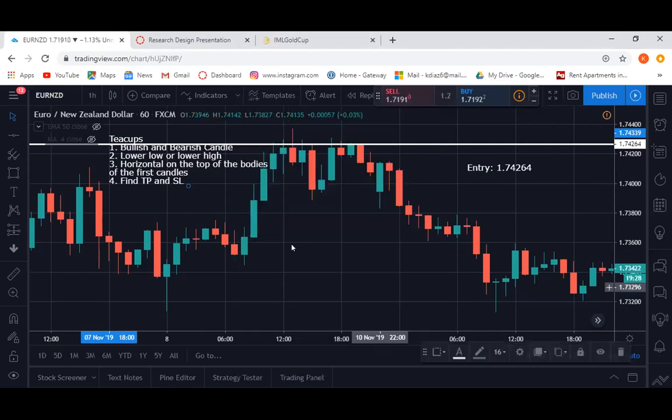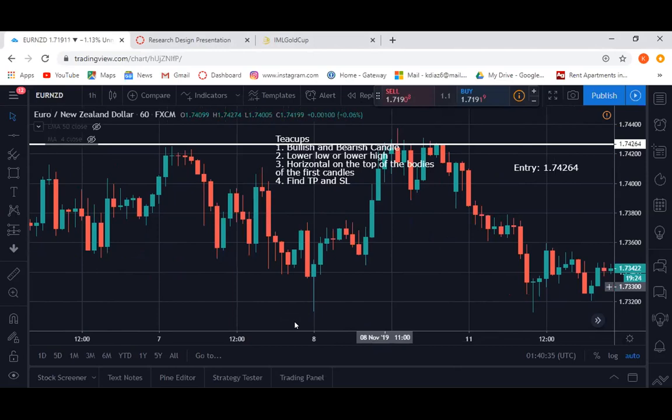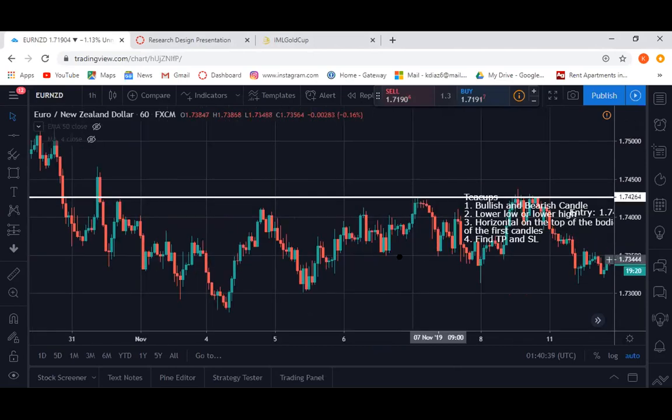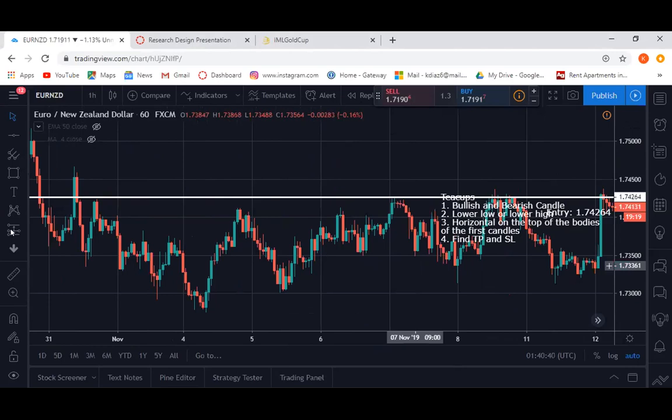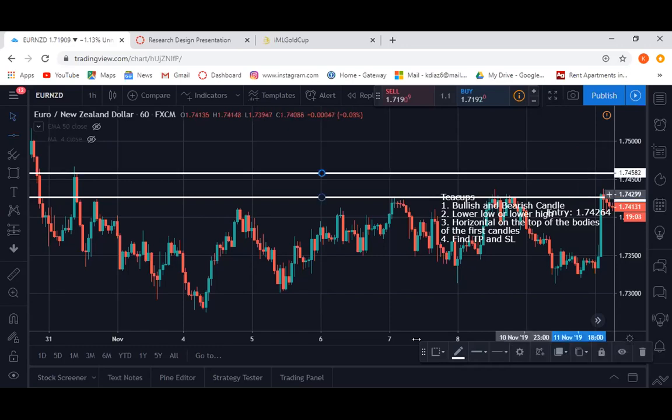And the way that I do that is I measure out the amount of pips. So let me zoom out a little bit. Okay, that works. From that white line, from that entry line, I'm gonna measure up a 30 pip stop loss. And I have the 30 pip stop loss on all time frames for teacups. So whether it's the 1 hour, the 4 hour, or the daily, it's always gonna be 30 pips.